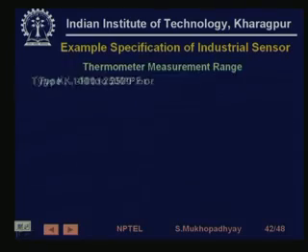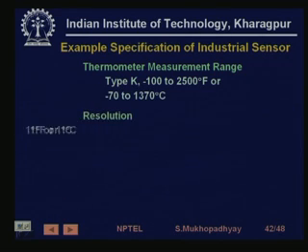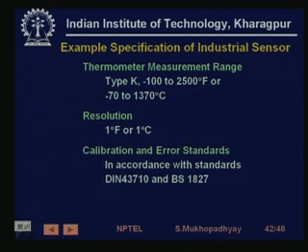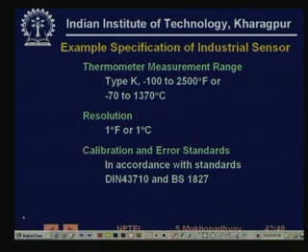So, this is for example an industrial thermometer. See what it says, what all is stated. First of all it is based on a thermocouple, therefore, the type of the thermocouple is stated. We will see what the type of thermocouple is, but interestingly the range is given.